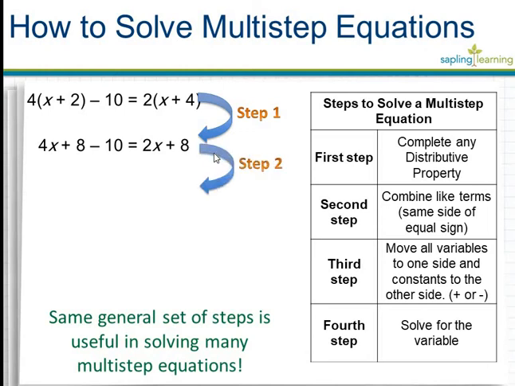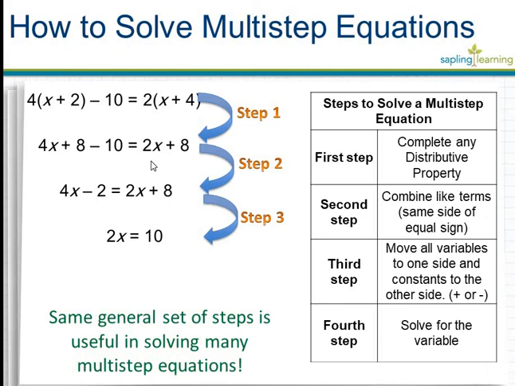The second step is combining the like terms. I have 4x here and I have 2x on the other side. I have to combine them to have one term with one variable, and even the constants. Now, as you can see here, in step 3, after combining like terms, we move all the variables to one side and constants to the other side.